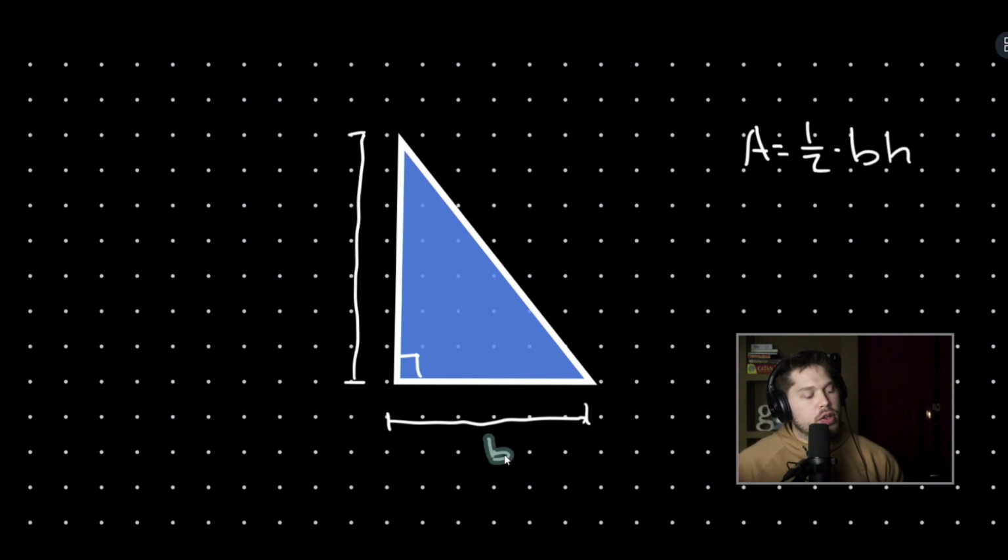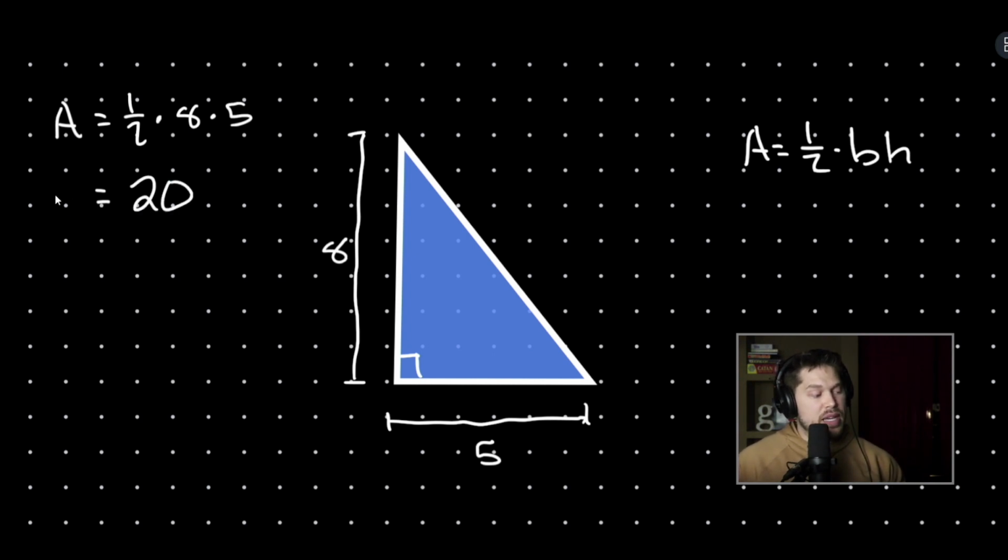So if we are told that the base of our triangle has a length of 5 and the height has a length of 8, then we can just plug those values in to our formula and have that area is equal to 1/2 times 8 times 5. 1/2 times 8 is 4, and 4 times 5 is 20. So the area for this triangle would be 20 square units.